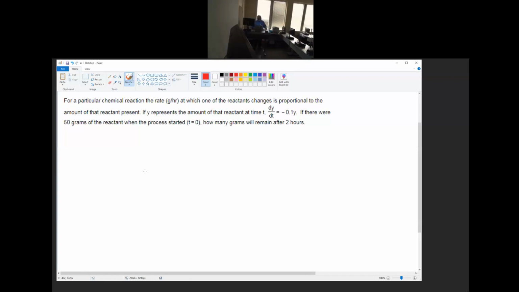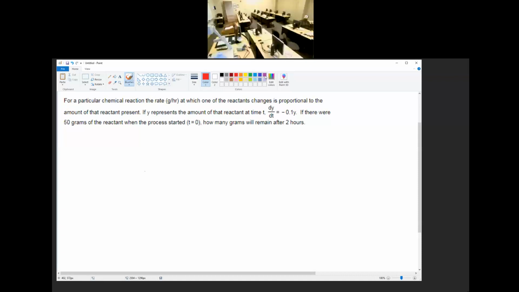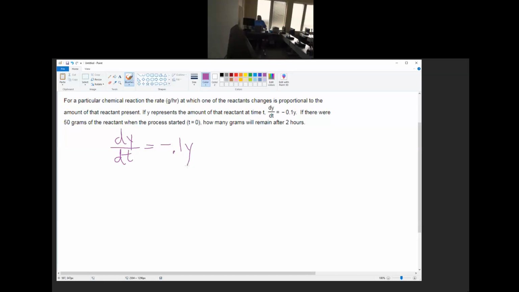First step is bring down our differential equation. And we have to separate the letters. So what I'm going to do is multiply both sides by dt.